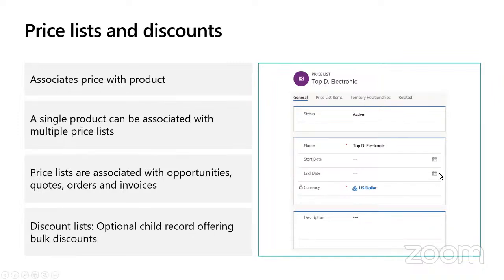So on here, we've got a screenshot of what a price list would look like. So you've got the status of the price list, because you want to make sure that whatever you're selling, you're using a price list which is reflective of the current prices that the organization is selling at.